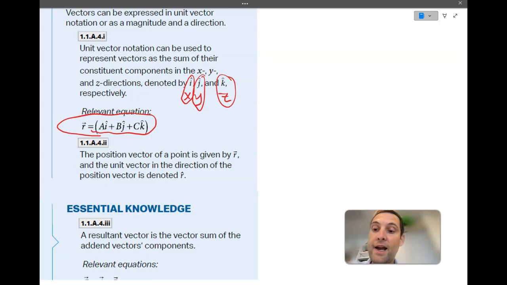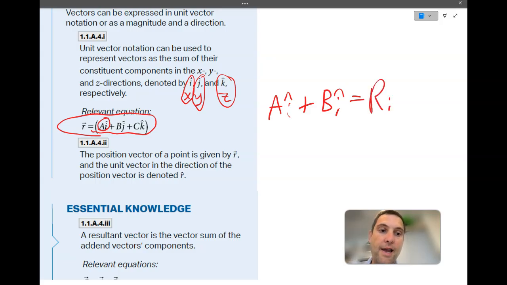The way we handle i hat, j hat, and k hat depends on what we're doing with our two vectors. Let's say we're adding two vectors. We're going to add the i hat to the i hat, and that will give us our resultant i hat.